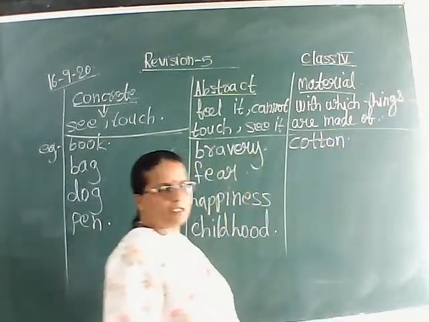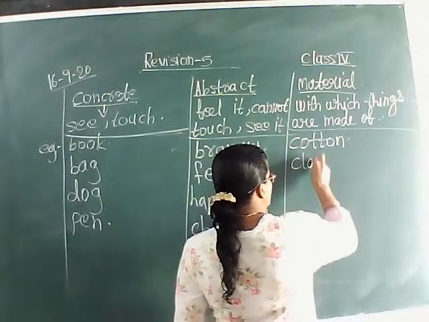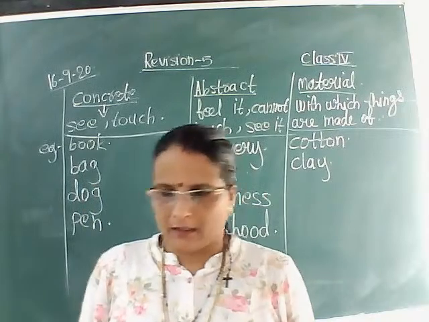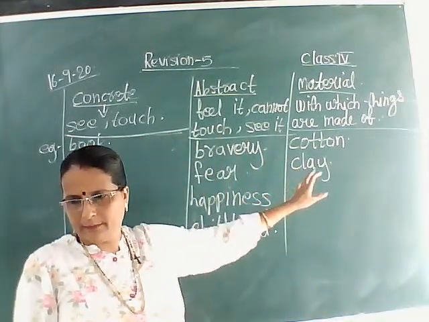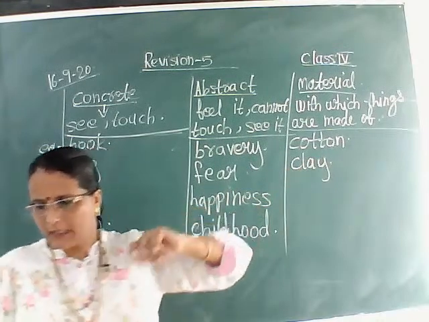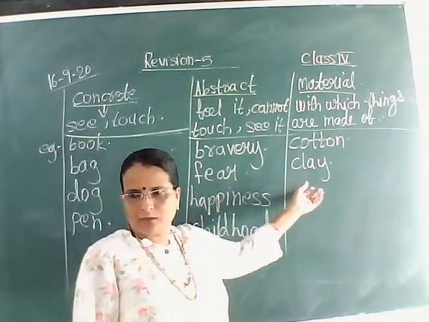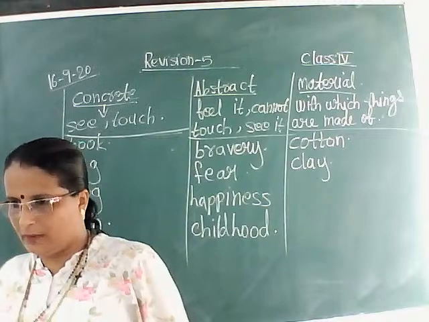Another example is clay. You may wonder what do we do with the clay, right? What do we make with the clay? Proper spelling, Pratyas. So good, the answer is good. Mud, steel, good.